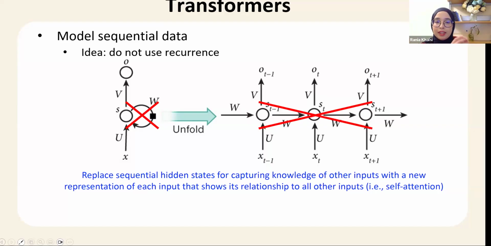So the idea here is that sequential hidden states capture information from all the input through a new representation. In this case, one that can reflect each token's relationship to every other token in the sequence, of course. So this leads to the idea of using self-attention.